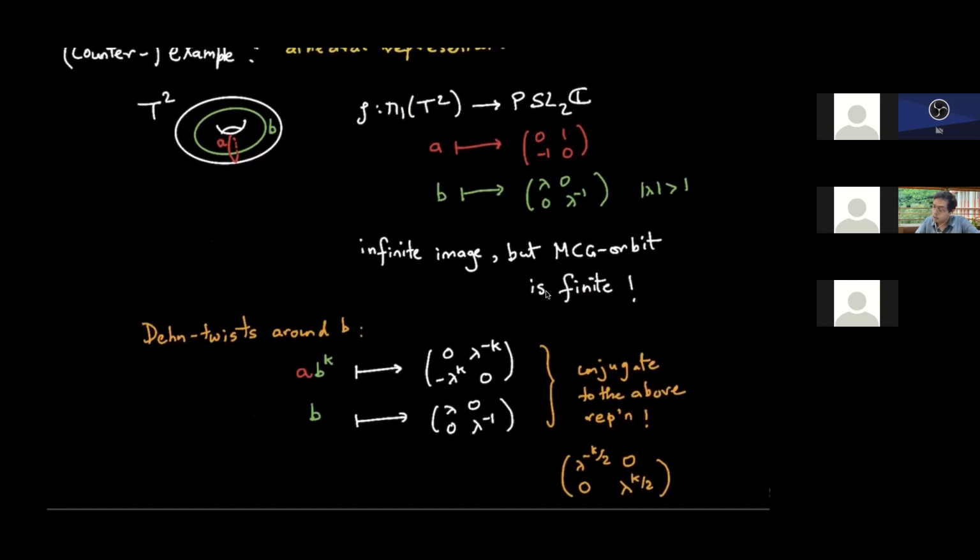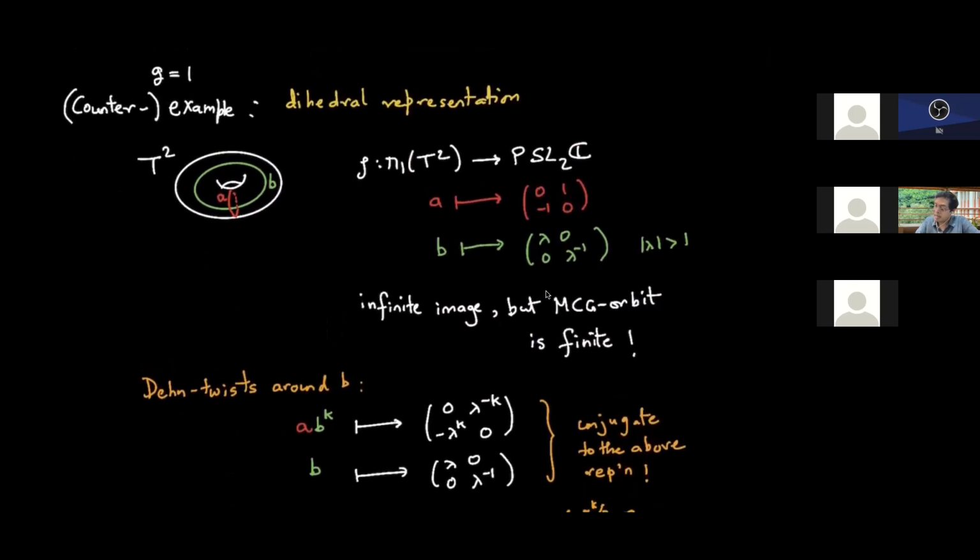You can apply Dehn twists along B. It turns out Dehn twists around A and B generate the mapping class group of the torus, which is SL_2(Z), in fact. If you do K Dehn twists around B, so it's a power of a Dehn twist around B, and you work out where these matrices take you, then A maps to this new matrix, B to the power K. So now the generators map to these new matrices.